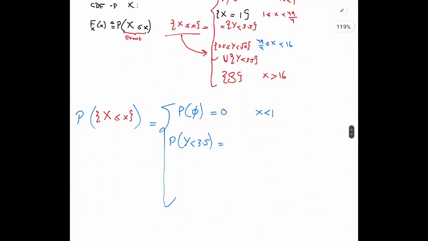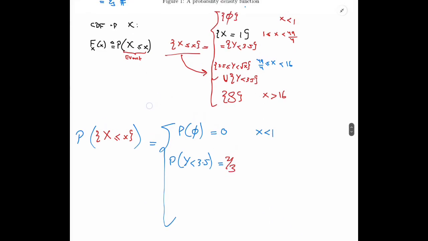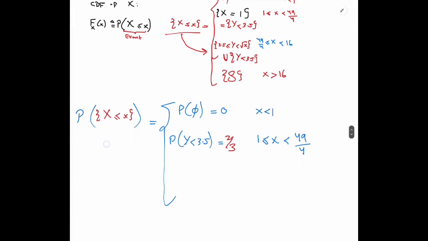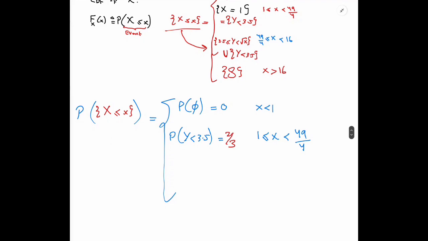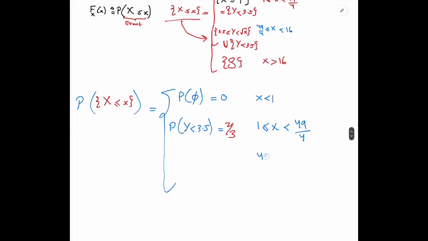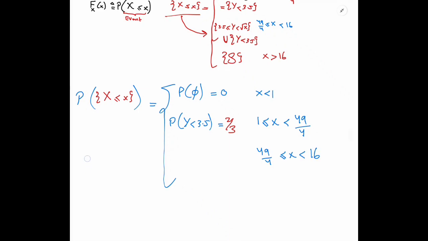So this is equal to 2/3 when x is between 1 and 49/4. Now the other one is for x between 49/4 and 16, that is, 49/4 less than or equal to x less than 16.